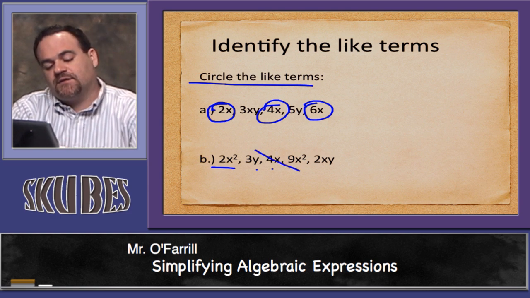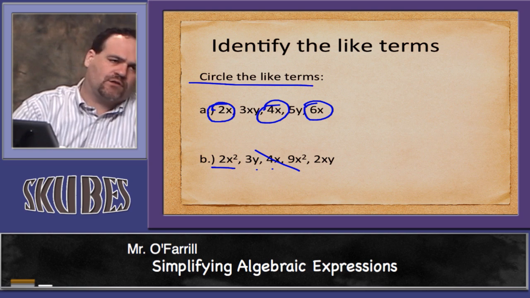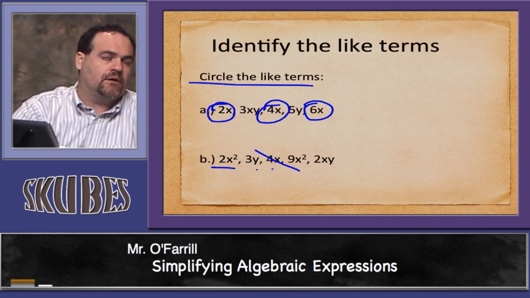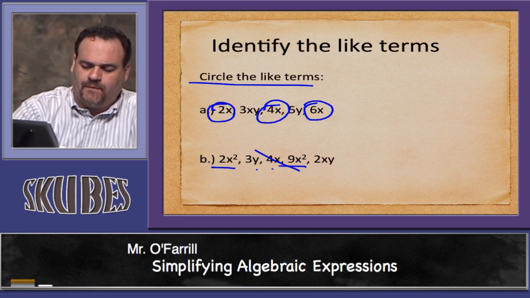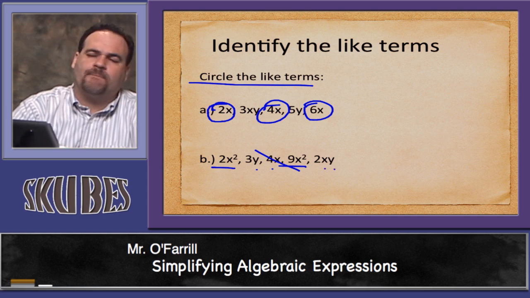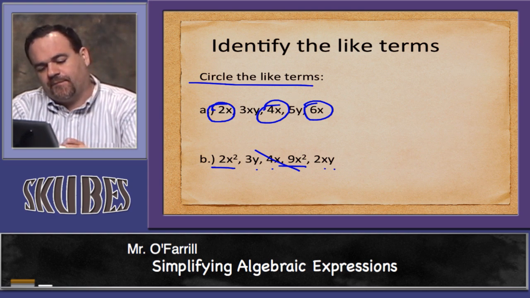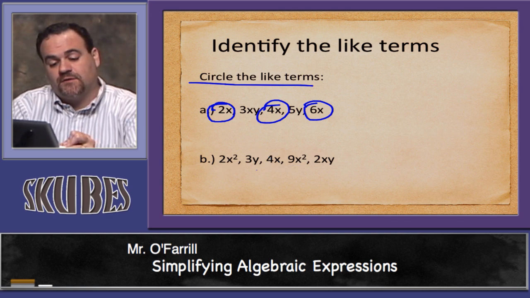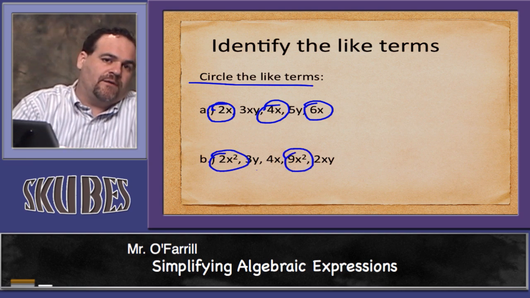We know that this is not being raised to the second power, so it can't be that one. But how about 9x squared? 2x squared, 9x squared. Yeah, these two do match up, so we'll circle those. And then finally we have 2xy. No, it has the letter y in it, so we know that's not the same. So as we circle the like terms, it's just these two, 2x squared and 9x squared.